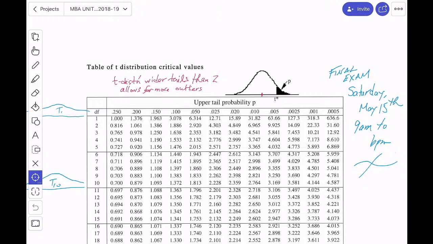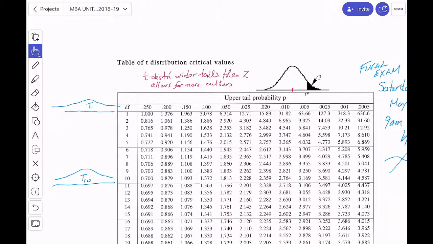So what we have here, let's take T10 just because it's more realistic. Let's look at T10.